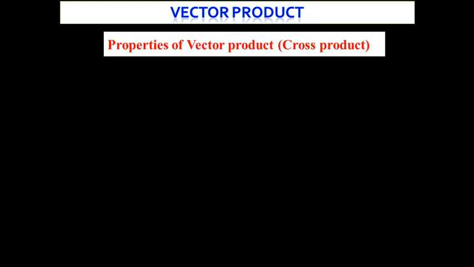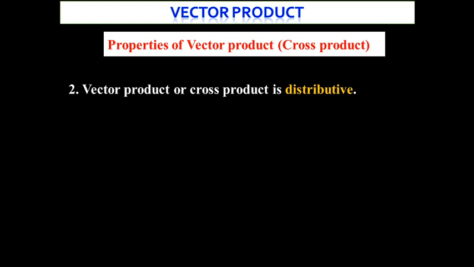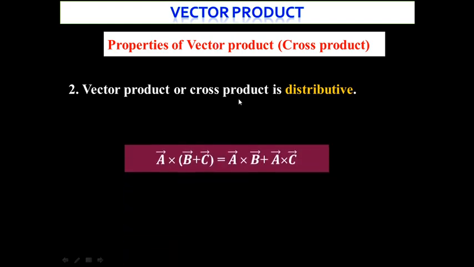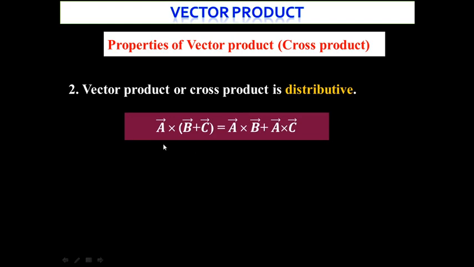Now we will see the second property of cross product or vector product. Vector product or cross product is distributive. Okay, what do you mean by that? See this mathematical expression: vector A cross the addition of vector B and C. It is distributive, so vector A will be distributed over B as well as vector C with the cross product.